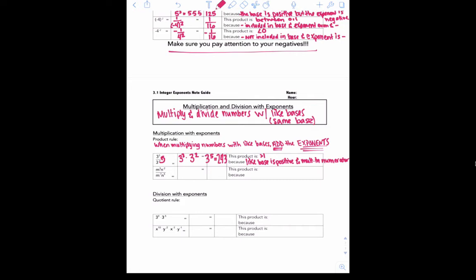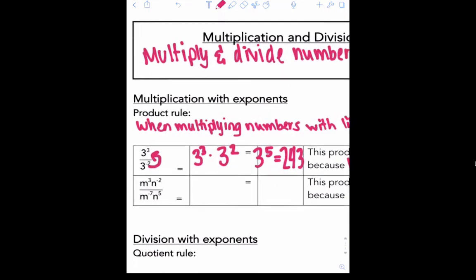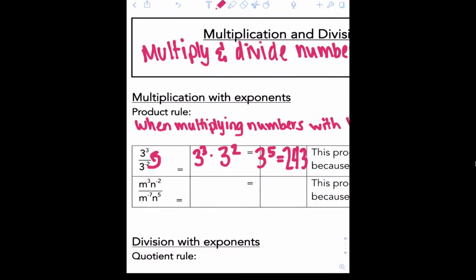Next, let's take a look at m to the third times n to the negative second divided by m to the negative seventh times n to the fifth. So the first thing we want to do is move those negative exponents to make them positive. So I have a negative exponent there and a negative exponent there. So I want to move the n down and the m up.